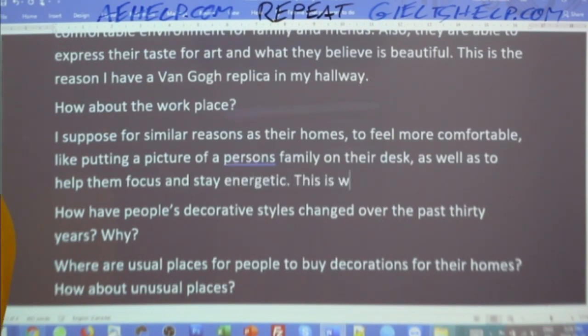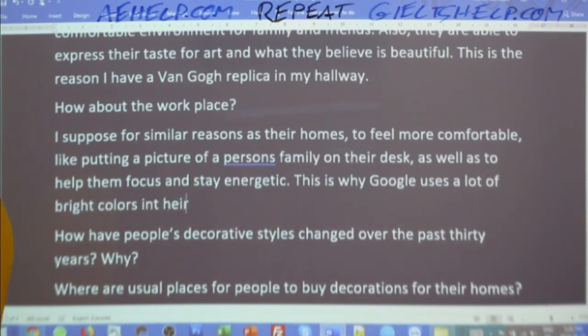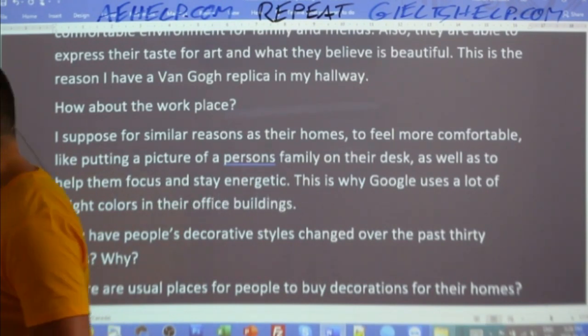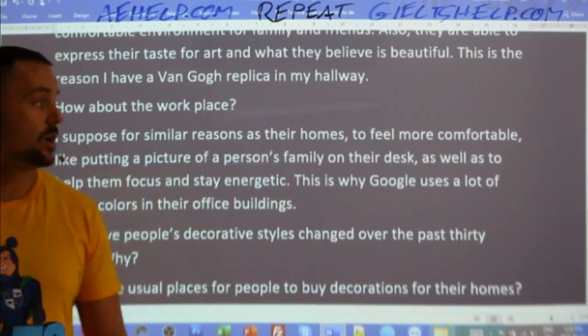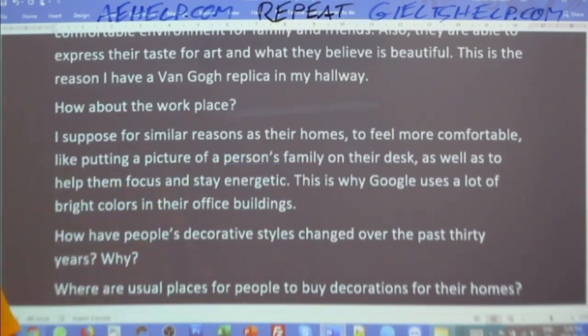This is why Google uses a lot of bright colors in their office buildings. Okay. All right. So here's my answer. Repeat after me.